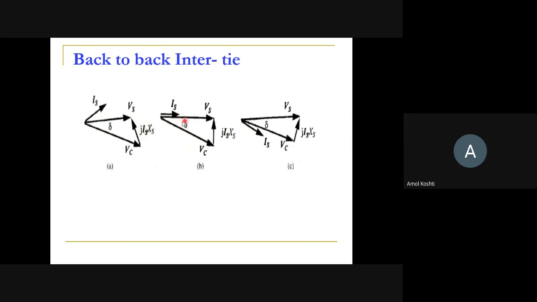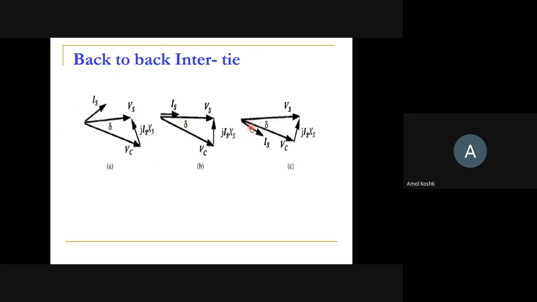Okay. So in that case, that phasor diagram will be drawn here. If you observe the second phasor diagram, the source current and this voltage Vs are in phase. It means the type of the load is resistive. So in that case, this type of phasor diagram we can get. Observe this third phasor diagram: Is is lagging and Vs is leading. It means voltage leads and current lags. It means it is inductive in nature.